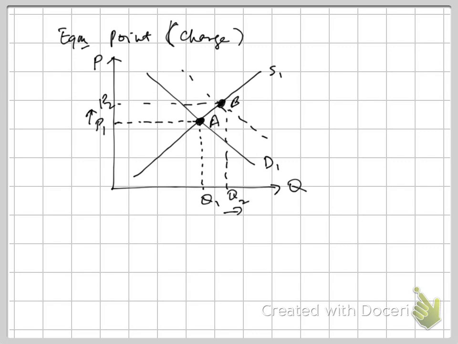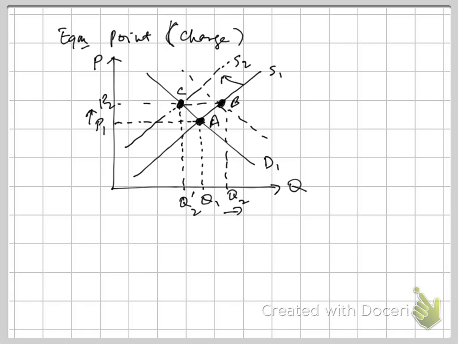But when it is the supply that changes, let's say we start from point A and the supply decreases from S1 to S2, we move from A to point C, and this results in quantity going down from Q1 to Q2 prime, but price goes up from P1 to P2.